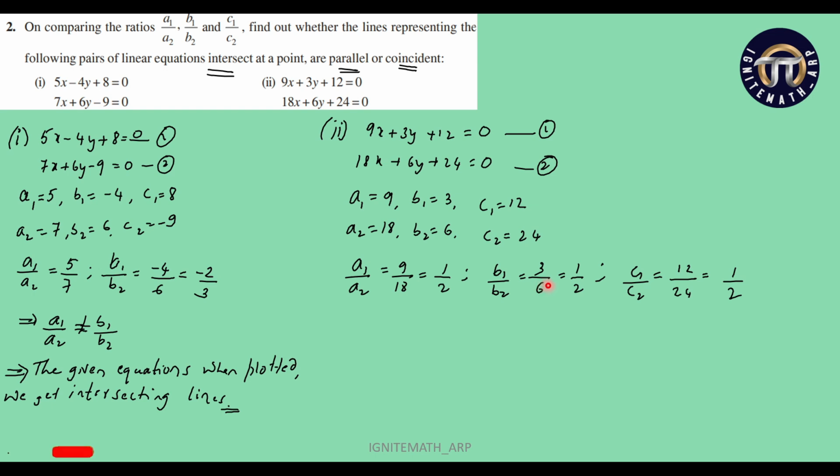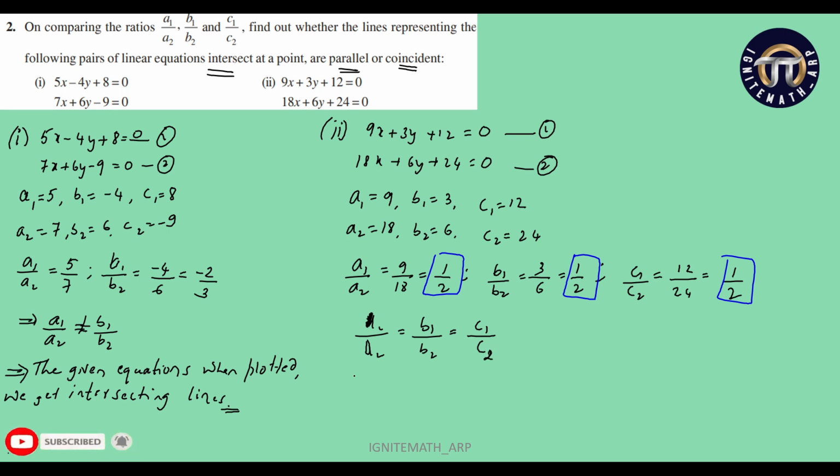Yes or no, children? This is also 1 by 2, this is also 1 by 2, this is also 1 by 2. So what can I conclude? I can say that a1 by a2 is equal to b1 by b2 is equal to c1 by c2. So all of them are equal to each other. What is the conclusion here? Pair of linear equations intersect at a point, parallel or coinciding, right?